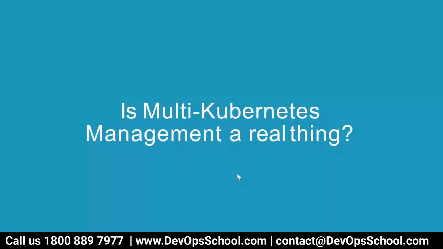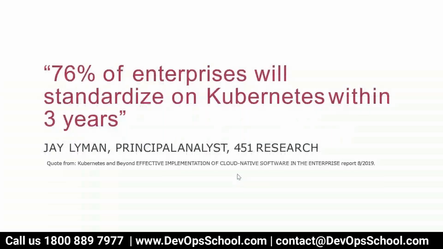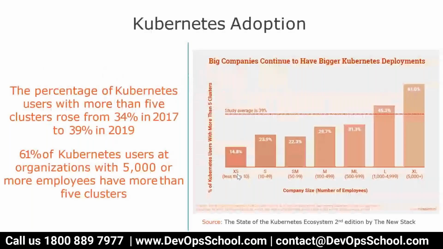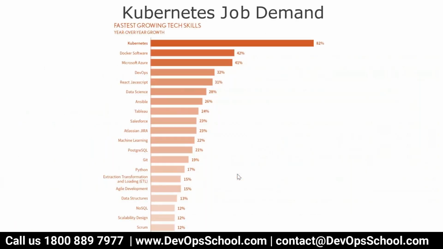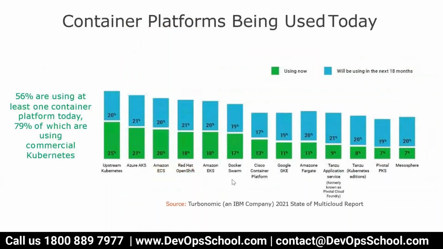So is multi-Kubernetes management a real thing? Look at this here. 76% of enterprises will standardize on Kubernetes within 3 years. And look at the adoption of Kubernetes over time. It's always growing. The demand for Kubernetes is always growing, and the container usage is also growing.